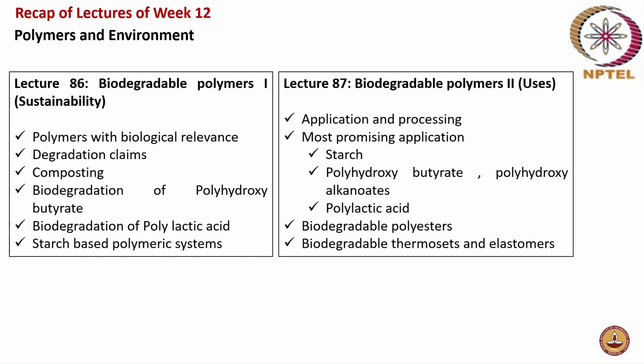Instead of using toxic reagents, why can't we move into non-toxic materials? And how does it affect the property? And how does it help in biodegradation? These thought processes were discussed in the lecture, and the lecture was concluded.